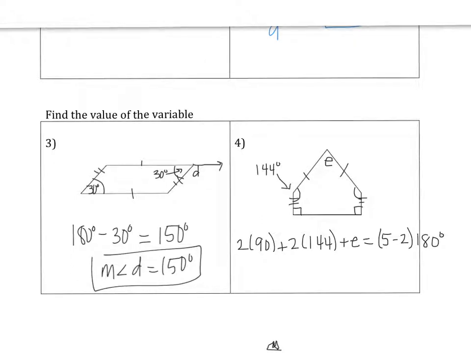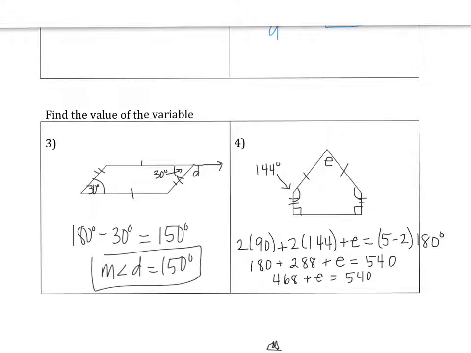Now let's simplify. We have 180 plus 288 plus E equals 3 times 180, which is going to be 540. We add these together and we get 468 plus E equals 540.